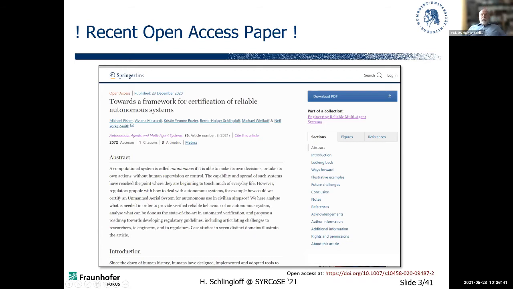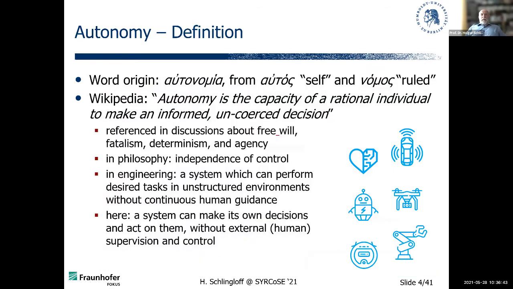Yeah, so talking about autonomous system, the question is, what do we mean by an autonomous system? I always look at the origin of words when explaining to my students. Of course, autonomy comes from autos, meaning self, and nomos, meaning ruled. So an autonomous system is a self-ruled system.